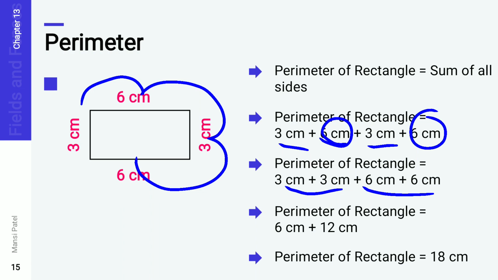So if we are solving this sum with the help of the general formula, then it is quite long for you. But if we are using the formula to find out the perimeter of rectangle, then it is too much easy for you. How is it? Let us see in our next example.